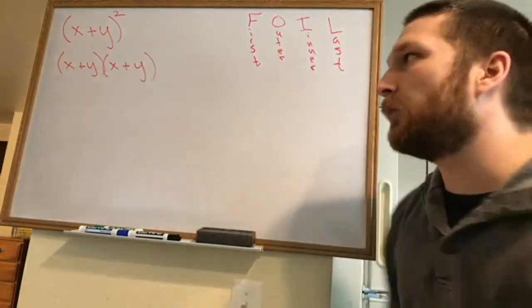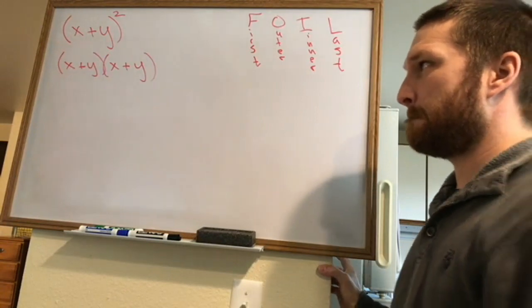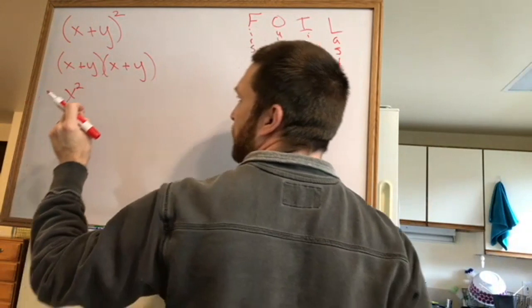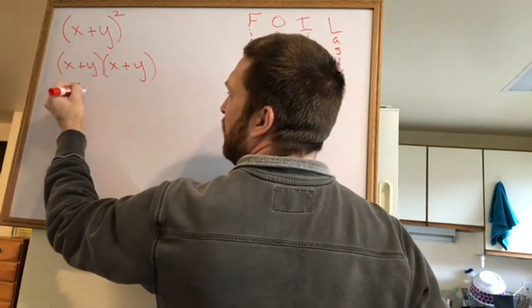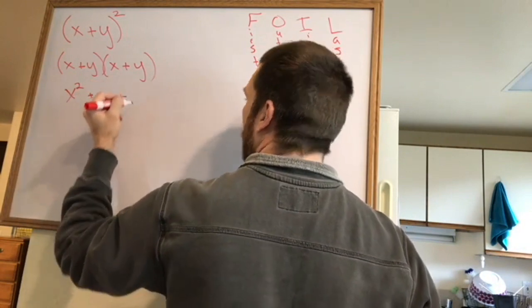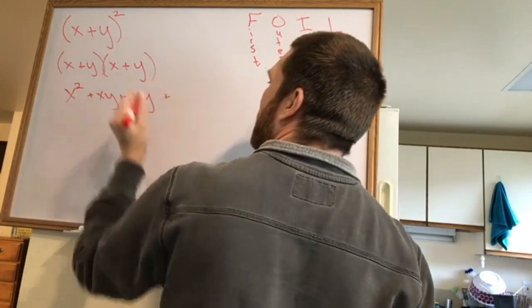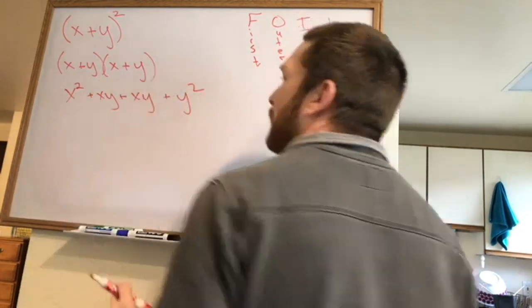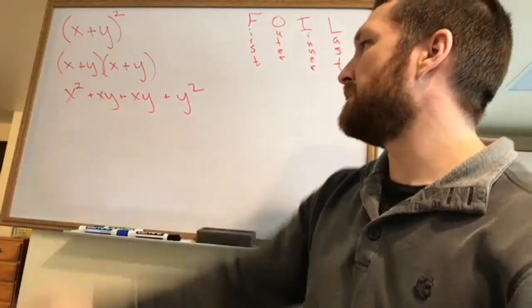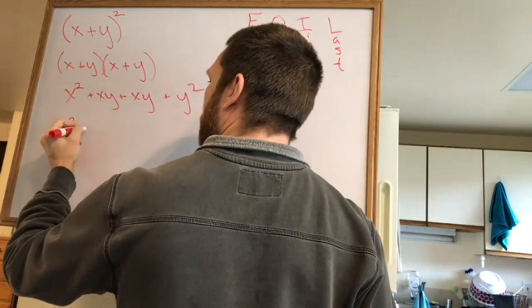What do I get when I FOIL it out? What's the first? X squared. What's the outside? XY. What's the inside? YX, or XY. What's the last? Y squared. And then we notice, can I combine those? Yes. And what do I get? 2xy.